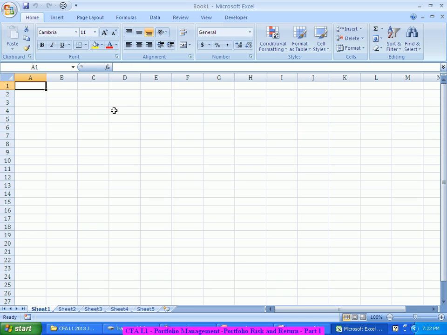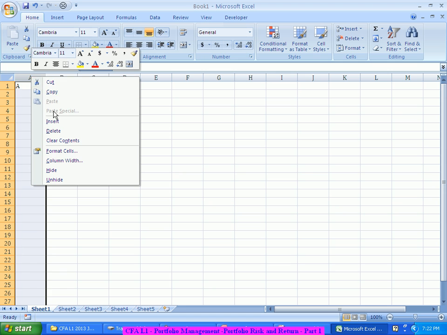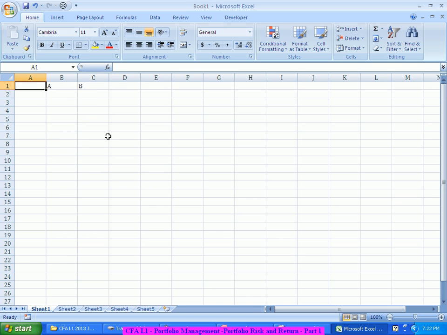All right, let me take two securities, A and B. Returns: A is expected to give a 12% return, B is expected to give a 20% return.